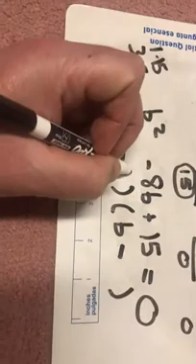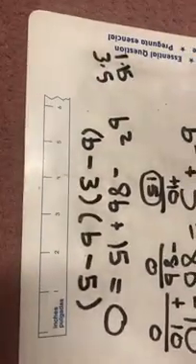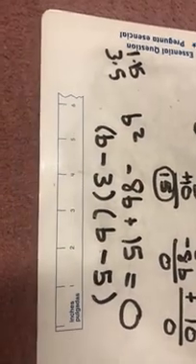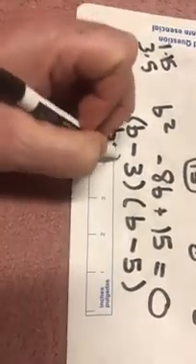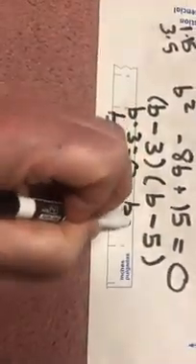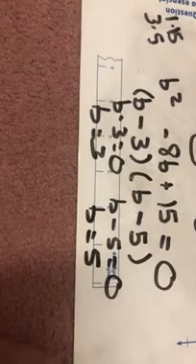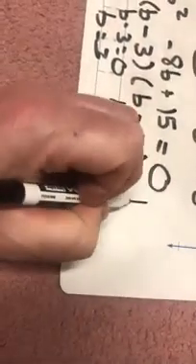So I can say with confidence that what I want is b minus 3 and b minus 5. If b minus 3 equals 0, then b must equal 3. And if b minus 5 equals 0, then b must be equal to 5, which means my final answer is b can equal 3 or it can equal 5.